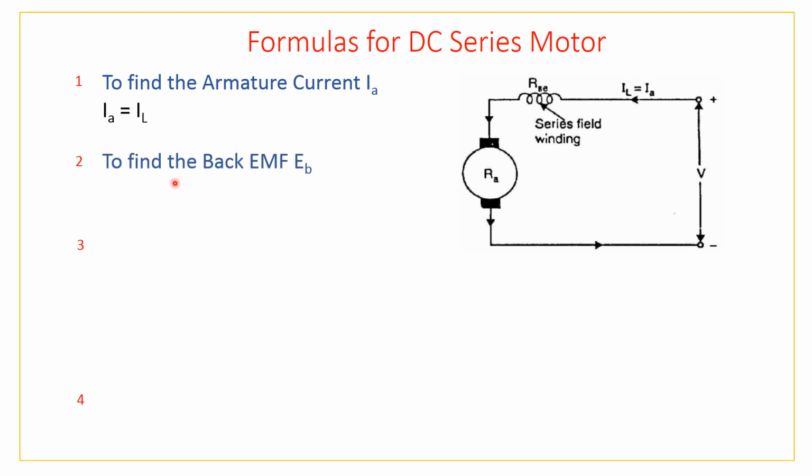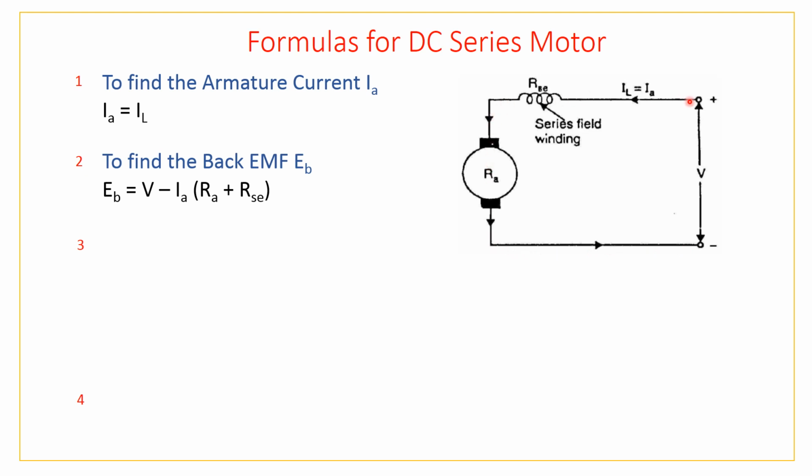Next is to find the back EMF EB. So EB is equal to V minus IA into RA plus RSC. So here this is the extra terminology compared to your shunt motor. So in shunt motor it was just V minus IA RA, but here you have RA plus RSC. Why? So let me apply KVL for this loop.